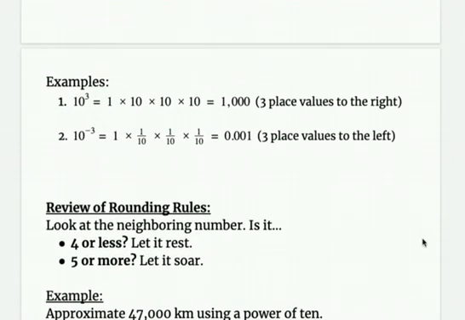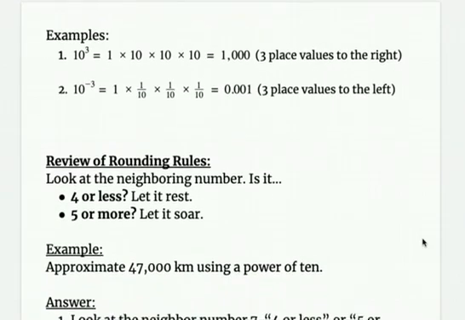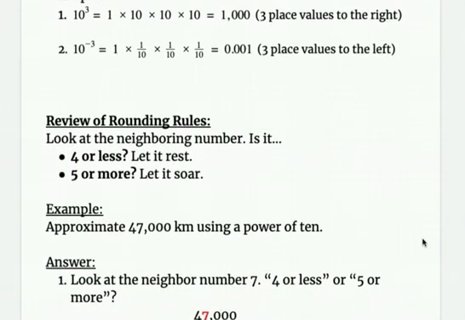So as an example, if we have 47,000 kilometers using a power of 10, how would we approximate that? Well, we would look at the neighbor number 7. So it's usually the neighbor number would be 1 less than the highest place value, so that would be 7. Is it 4 or less or 5 or more? You should have responded with it's 5 or more because 7 is greater than 5.